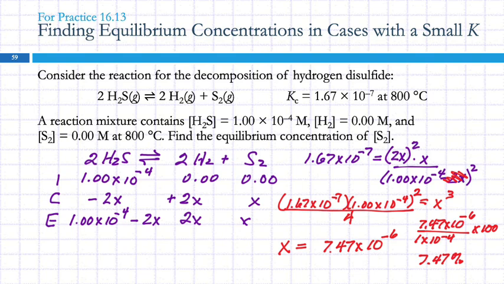So in this case, we need to plug what we found x to be into the table? Well, we can't say that this is x, because we got rid of the 2x, because it's too big. X isn't small.